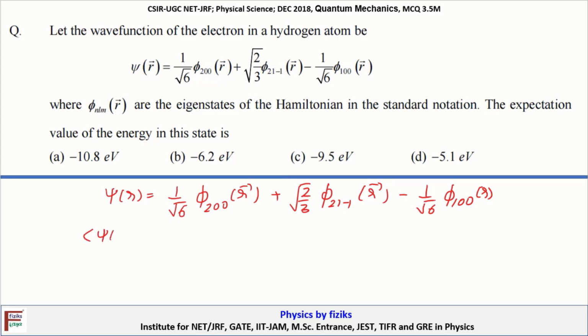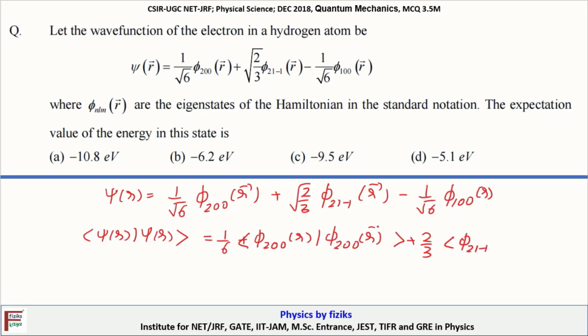Since psi r, for the normalization, the value of psi r is 1 by 6 phi 200 r phi 200 r plus 2 by 3 phi 21 minus 1 r phi 21 minus 1 r plus 1 by 6 phi 100 r phi 100 r.